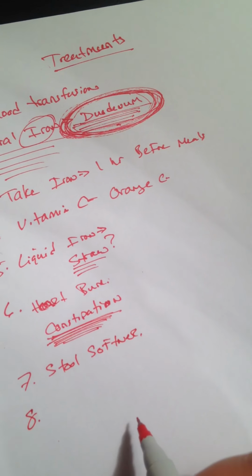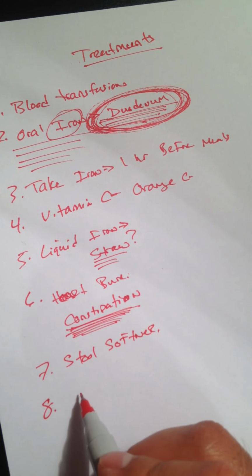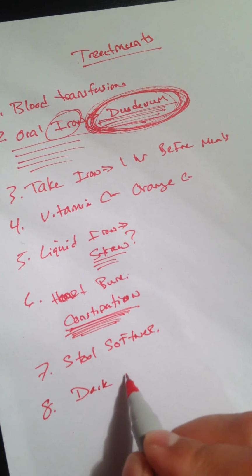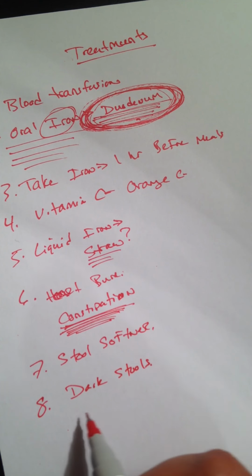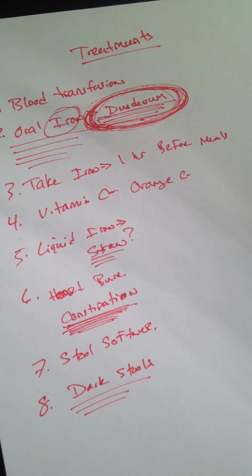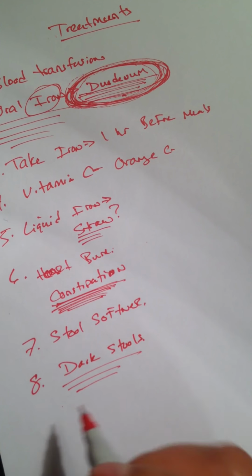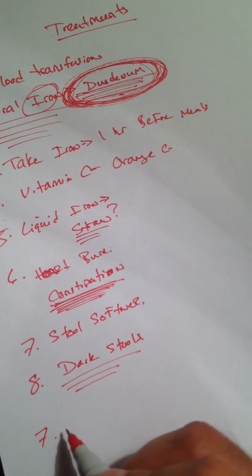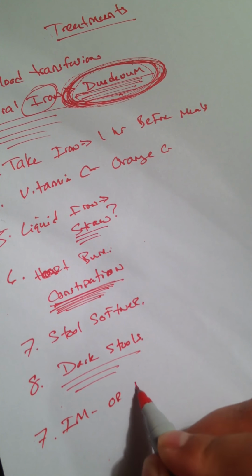You also want to inform them that if they are taking iron, that their stools may be dark, and that is because of the large amounts of iron that they're taking. Now also know that iron may also be given IM or IV.